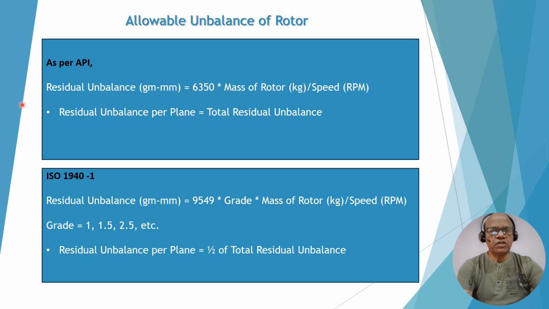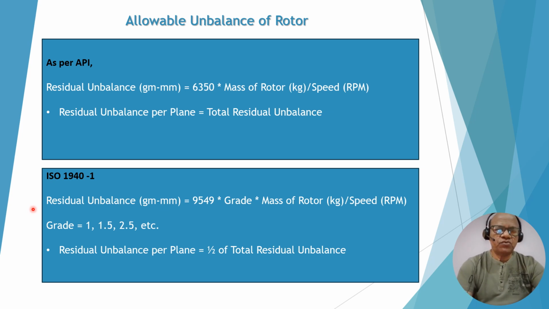The residual unbalance per plane will be equal to the total residual unbalance. Whatever number comes from this formula, we will use as the residual unbalance per plane. That means normally the rotor is balanced in two planes in a compressor system.